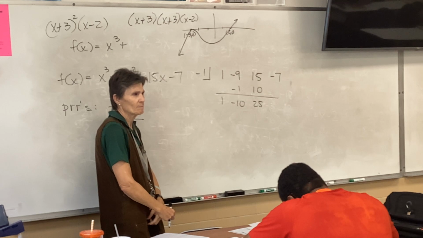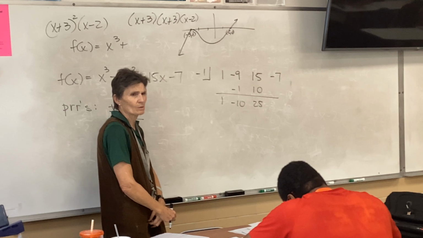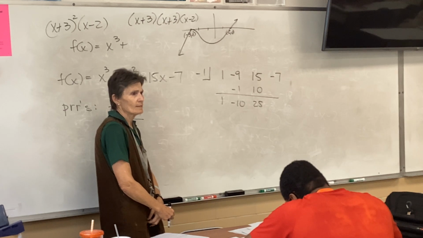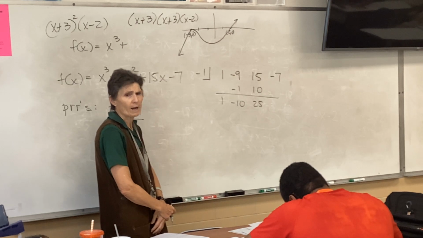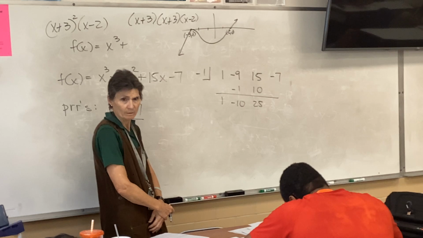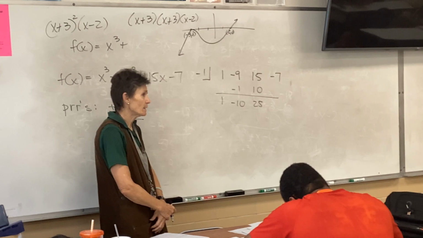Are you okay with my arithmetic? I don't think that works, does it? Okay, so do I just give up and go home? No, I pick another one. All right, what do you want to try now?